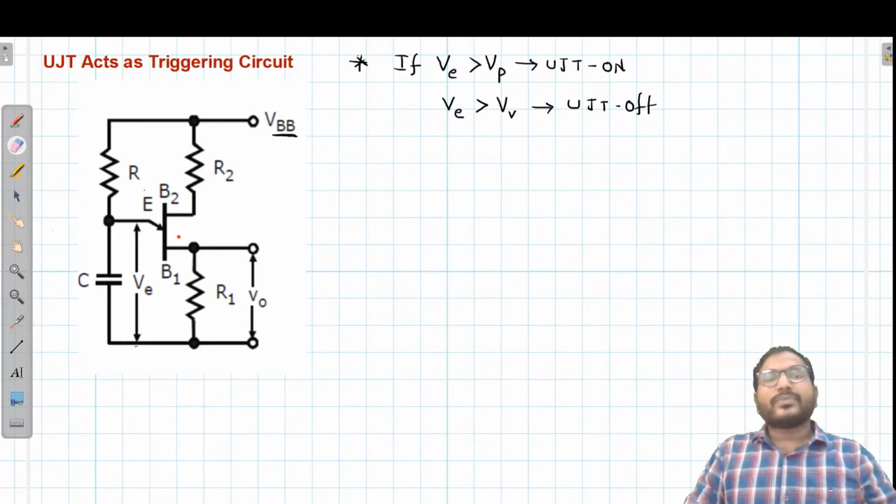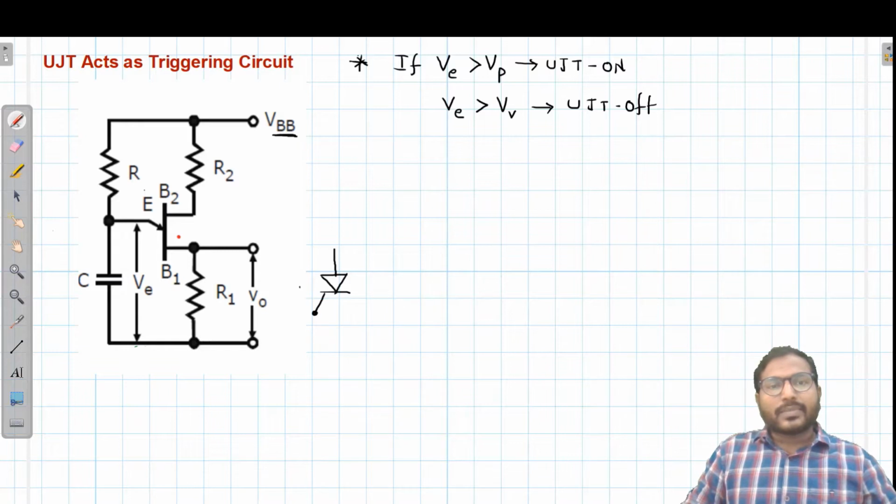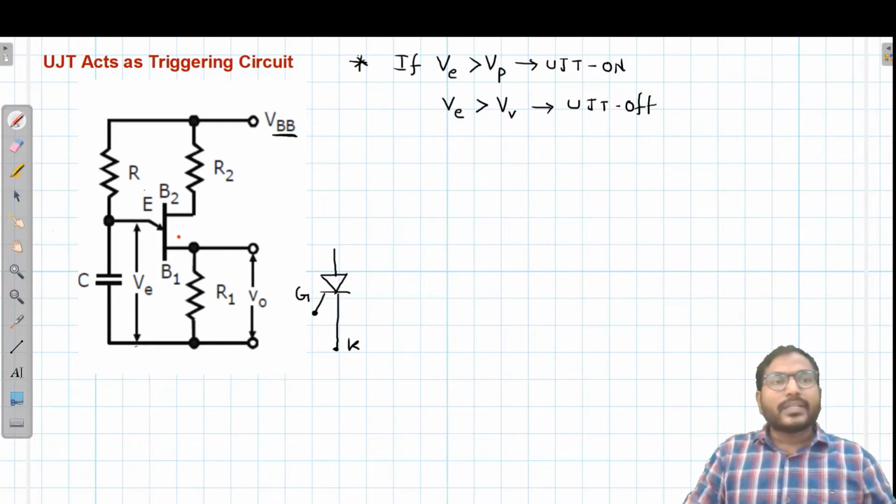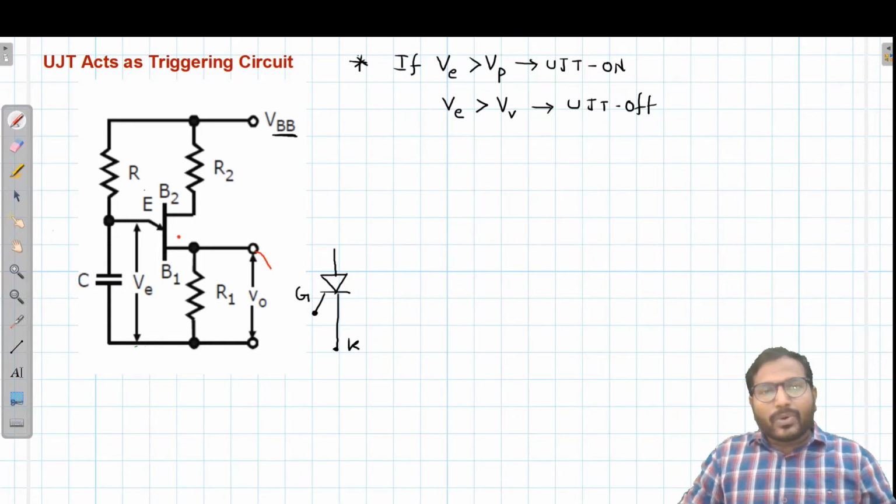This voltage will act as a voltage source to the gate and cathode terminals, simply acting as a gate voltage source. Here I am taking an SCR having a gate terminal, and this one is the cathode. When we create a drop across R1, that is V0, our job is completed, because V0 acts as the gate voltage source.